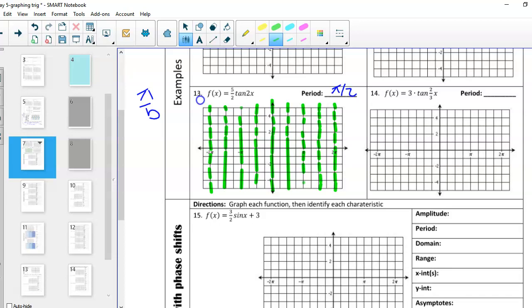So it's been horizontally compressed. And then normally we start in the middle and we go up 1 and down 1. But it's been stretched by 5/2. So we're still going to start in the middle of each of these. And there'll be a lot more since it's been compressed.